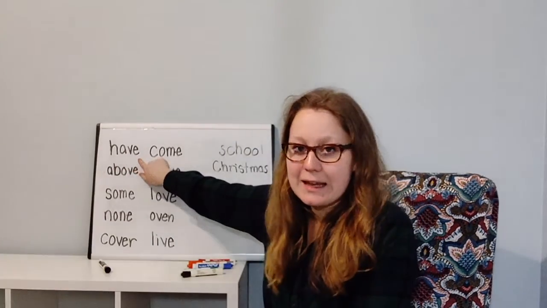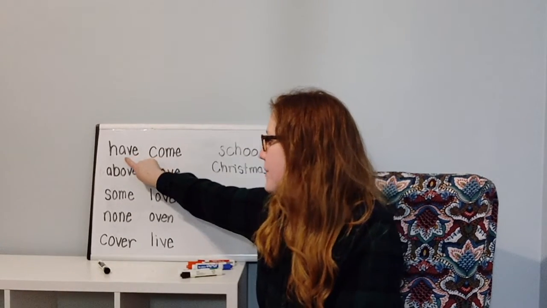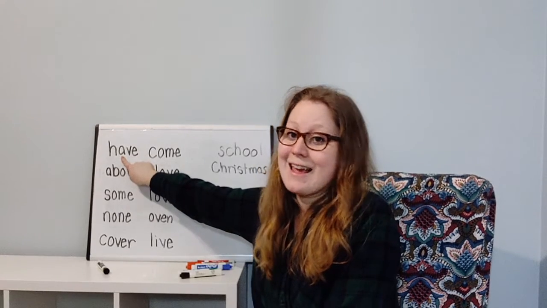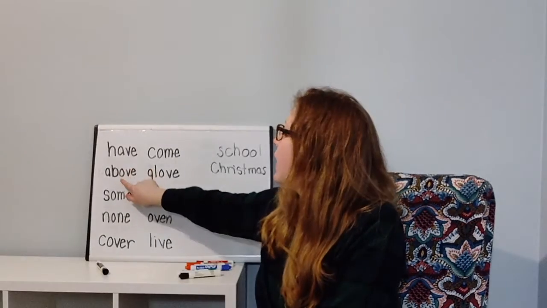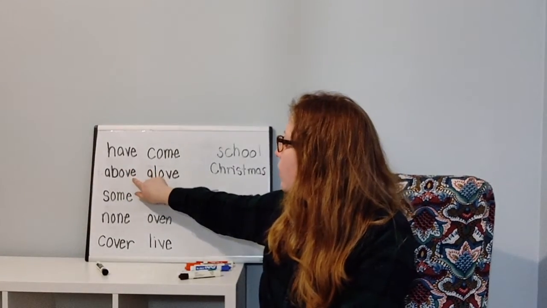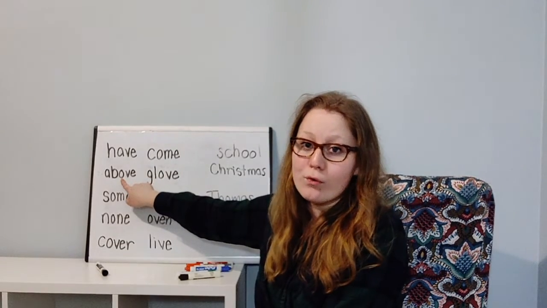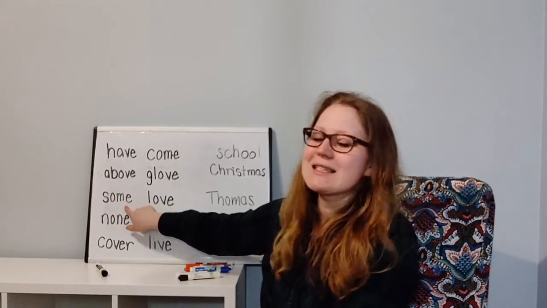Have is an example of one of those words. Normally, this E would make the A say his name, but we don't read the word as "hayv," we read the word as "have." Above is another word. The E normally would make the O say his name, but we don't read the word as "obove." We read it as "above." Another example is some.